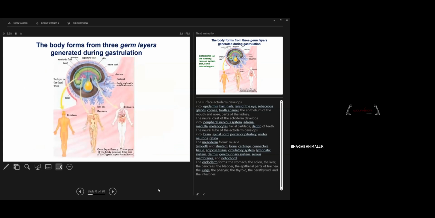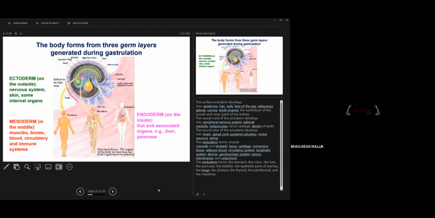So now I'm coming to the human, starting from the amphibians. Here I want to highlight a specific thing, which layer. You have three different germ layers. You have the ectoderm, which forms the nervous tissue, mostly the nervous system, skin, and some internal organs.